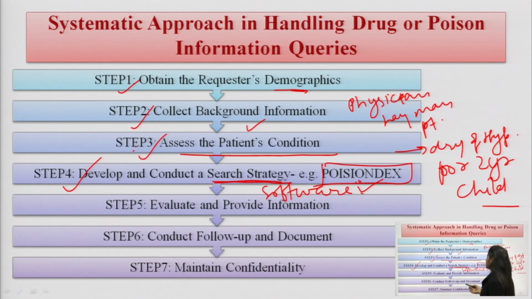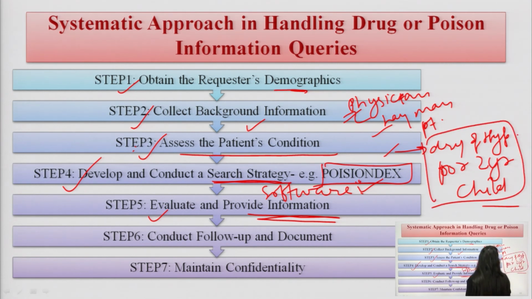Then after evaluating the information, on the basis of the background of who has asked the question, they could be anyone, these centers evaluate and provide information. The answer could be, I am just taking an example, metoprolol, XYZ mg.